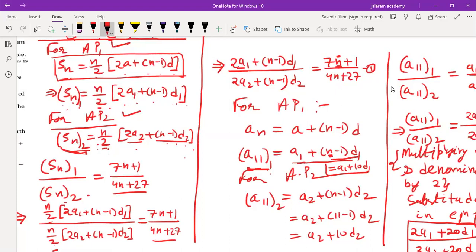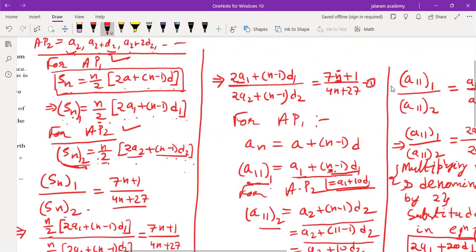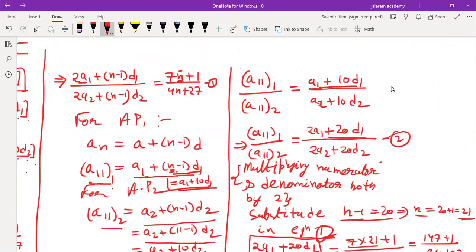In place of n, if we use 11, it is a1 plus 11 minus 1 d1, that is a1 plus 10d1. And then the 11th term of the second AP, a2 plus n minus 1 into d2, that is a2 plus 11 minus 1 d2, so it is a2 plus 10d2. Then the ratio of the 11th term of the first AP to the 11th term of the second AP is a1 plus 10d1 is to a2 plus 10d2.